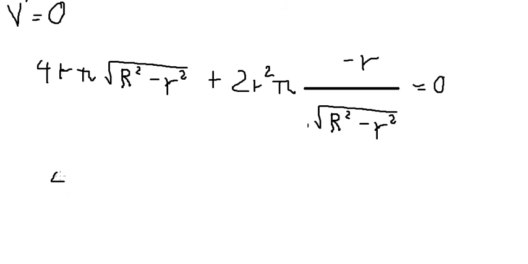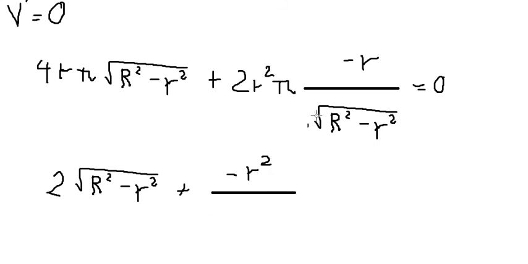So you got 4 multiplied with the square root. This one simplifies. Oh, we simplify number 2 too. So we don't have number 4, we have number 2. So this one you got negative r squared over the square root equals number 0.